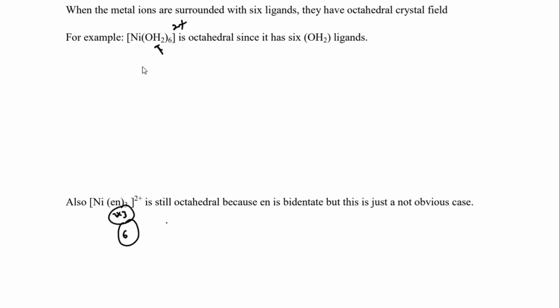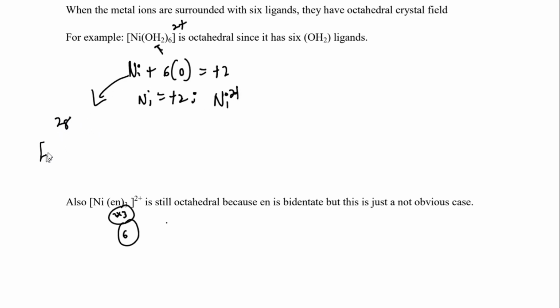So looking at this nickel, if we have to calculate the oxidation number of nickel, it's going to be Ni plus 6 into 0 because it's a molecule, and therefore we have plus 2. So we have Ni equals plus 2, and that's basically Ni 2 plus. So nickel itself is 28 electrons, and that's Ar 4s2 and then 3d8, right?